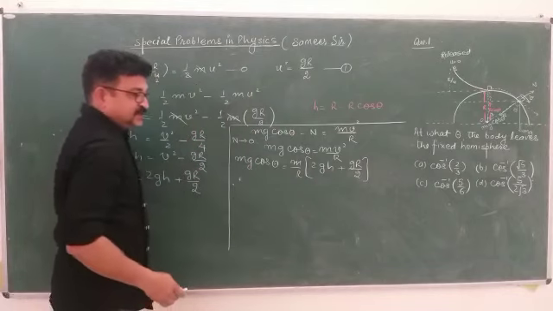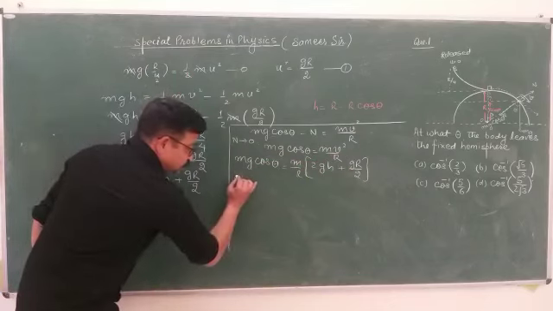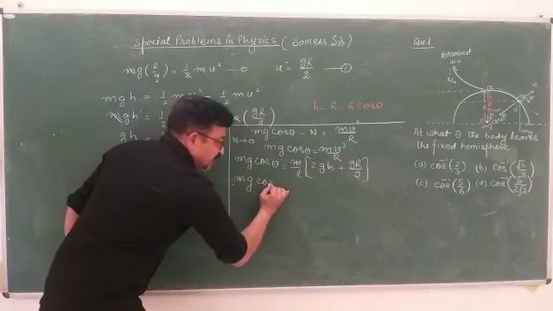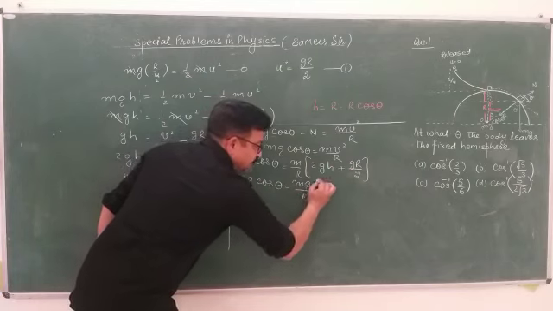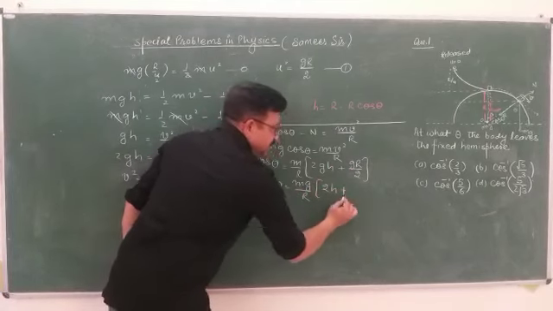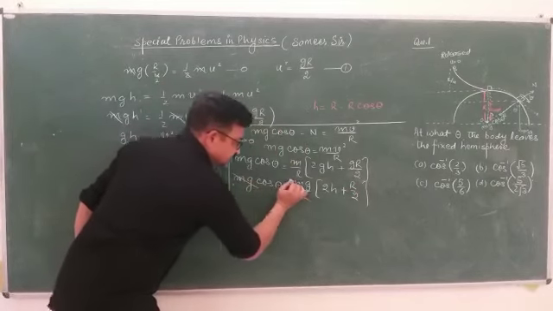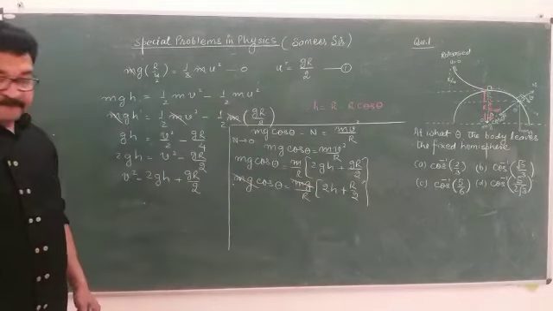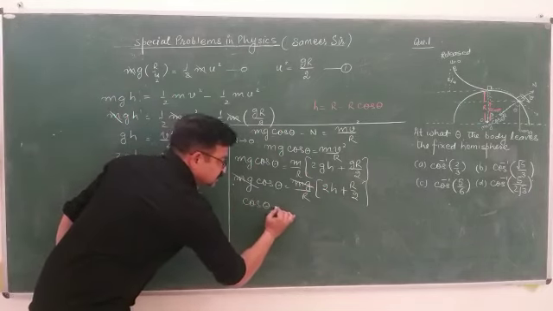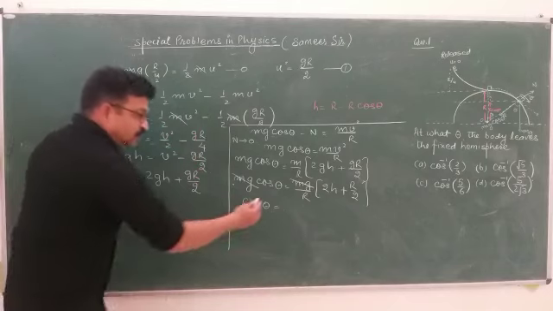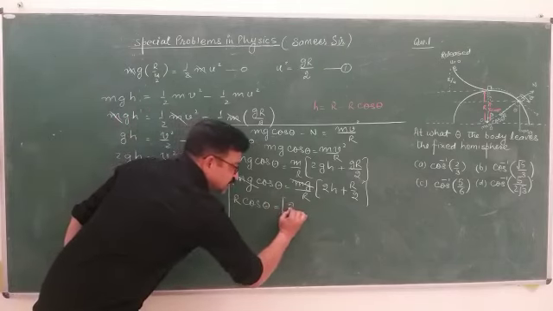Here, if you look at the problem, g can be taken out of the equation. It becomes mg cos theta equals mg by r times 2h plus r by 2, and mg gets cancelled out. Again, if you have the equation of cos theta, or simply you can call it r cos theta, it becomes 2 times h.